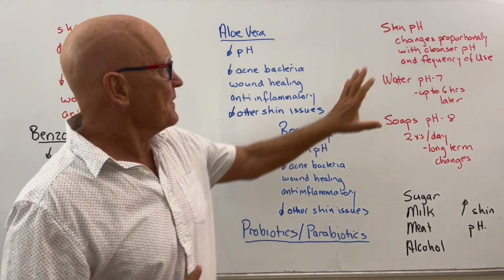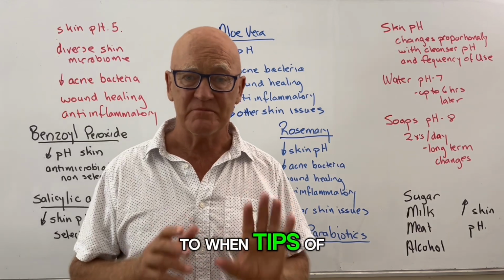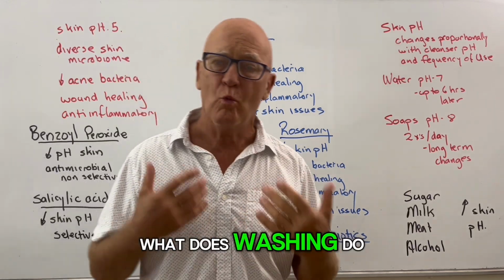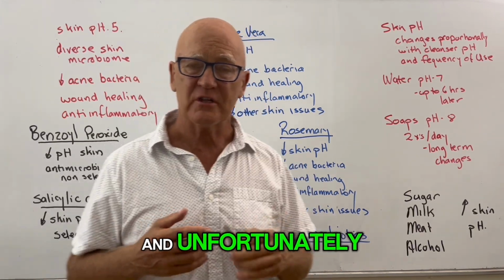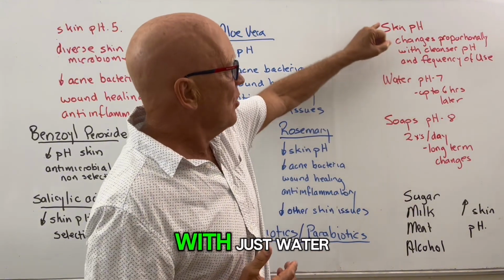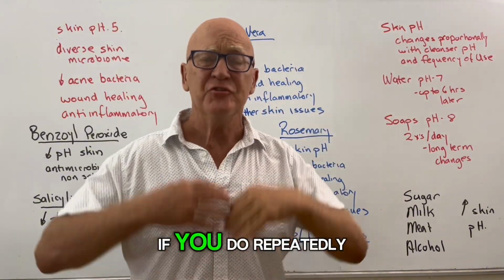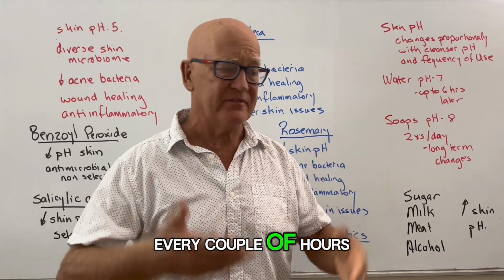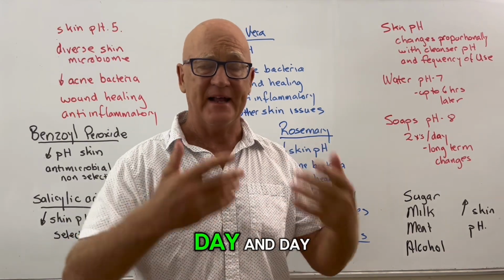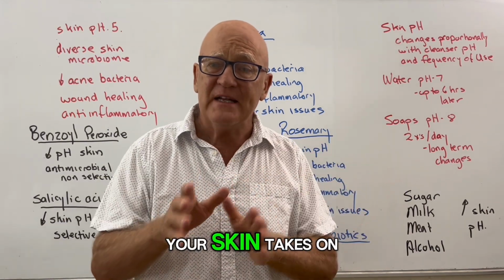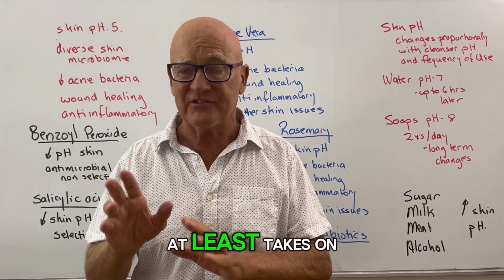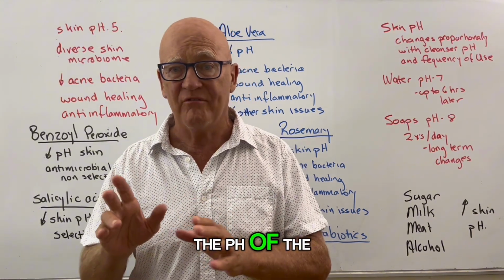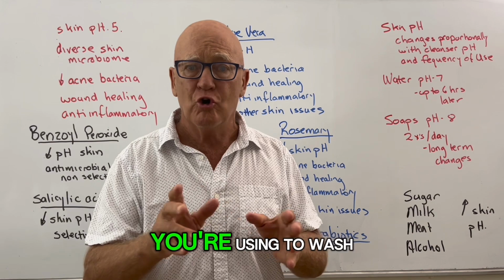And then it comes down to, in terms of the skin pH, what does washing do? Unfortunately, regular washing with just water, if you do it repeatedly and you're washing continually every couple of hours, every 3, every 4 hours, day in, day out, the outer part of your skin at least takes on the pH of the product that you're using to wash.